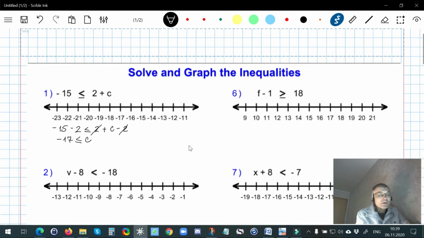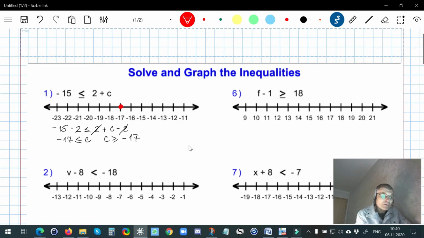We can rewrite this reversing the sign, negative 17 for our convenience. It means that c starts with the point negative 17. We include this point.